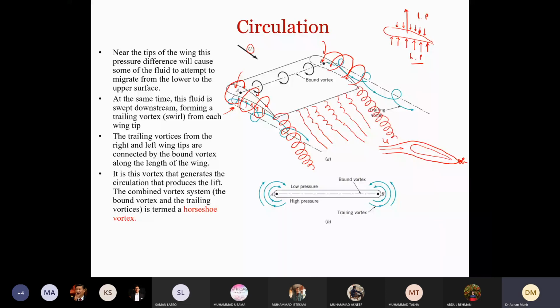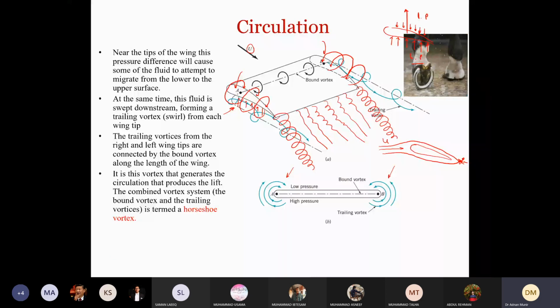So if we look at these tip vortices here, when these tip vortices and these bound vortices combine, because of the incoming flow, they will form horseshoe vortices like this. So this we call horseshoe vortices, because if you look at the shape of these vortices, they are just like a horseshoe, right?